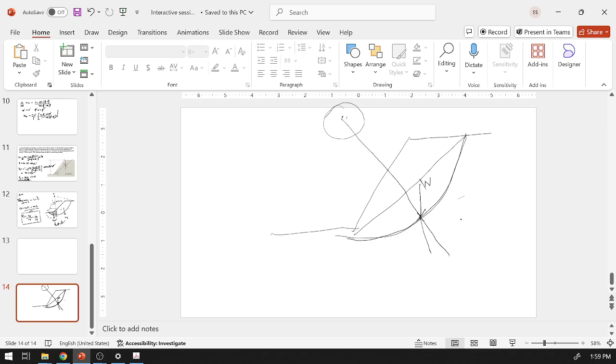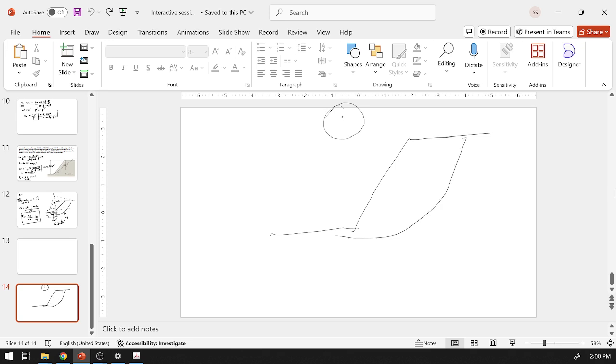This will be the angle phi. Not with W. Not able to draw it properly.